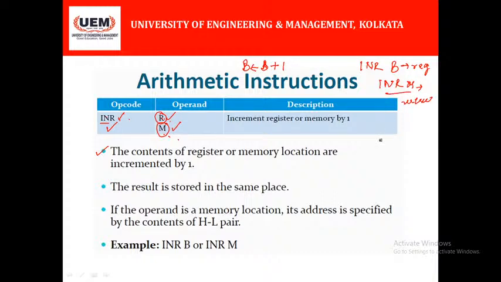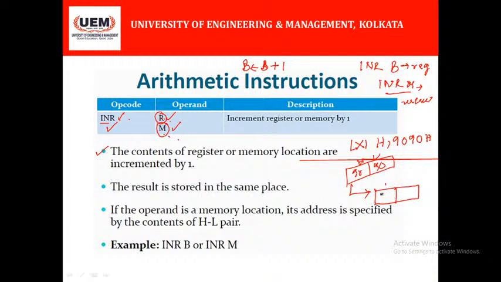INR M is a dependent instruction. Before executing INR M, we need to specify what the value of M is. Say the value of M is 9090H. Then the HL register value will be 9090. The HL register pair will point to location 9090.